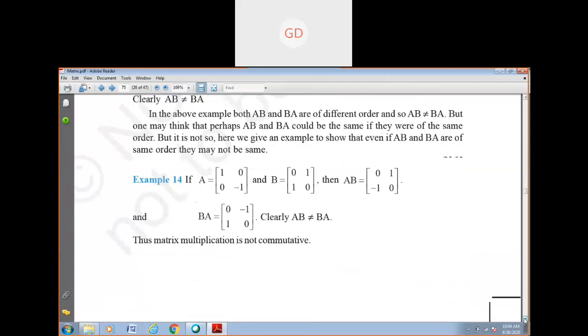For convenience of remembering, you can remember CRP. C means column of the first, R means row of the second, and P means permissible. If equal, then permissible.